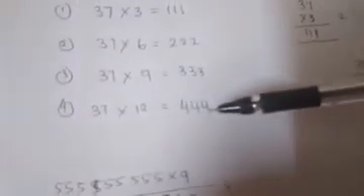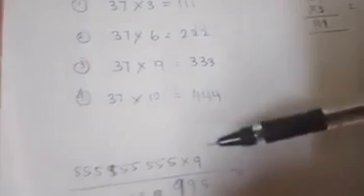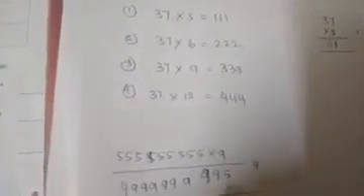Now add it, 4, 7 plus 7 is 14, balance 1, carried 1, 1 plus 3, 4, 444. Got it? The same way, for 37 multiplied by 15, it will come how much? 555.